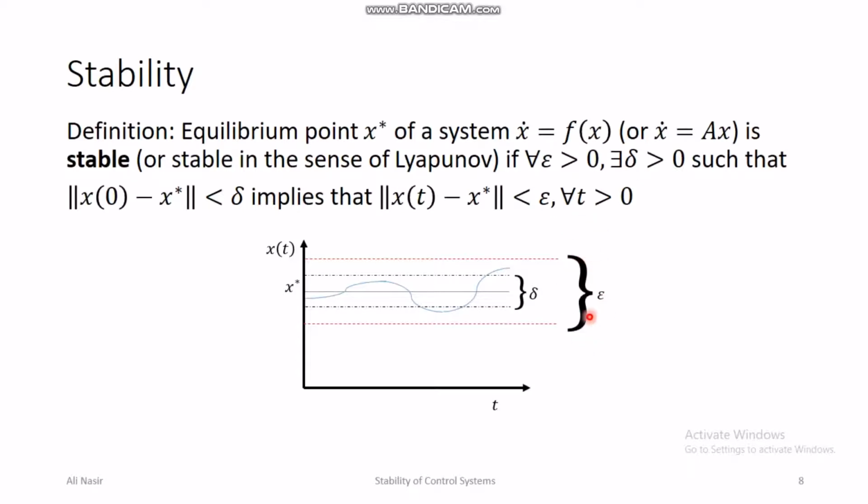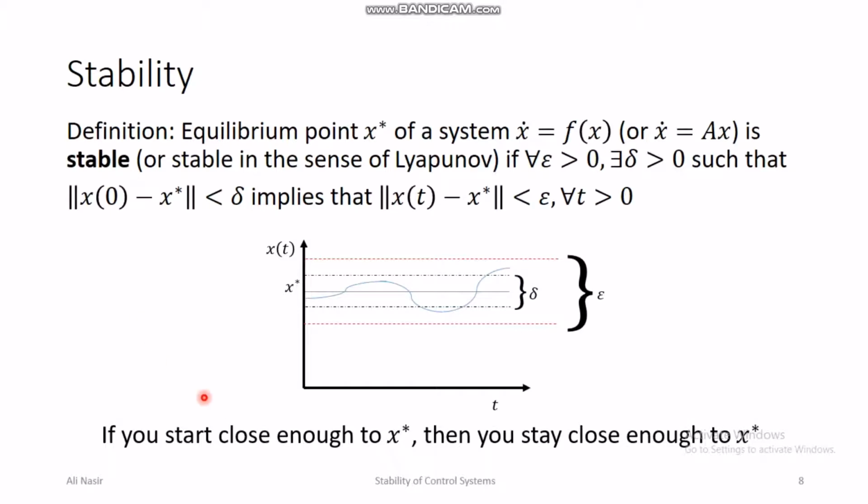So it is very difficult to analyze the stability of a system using the definition of stability. So we have different methods that we will discuss in a few slides about how to determine the stability of LTI systems.